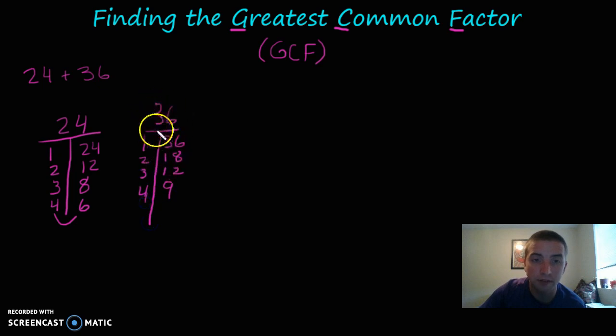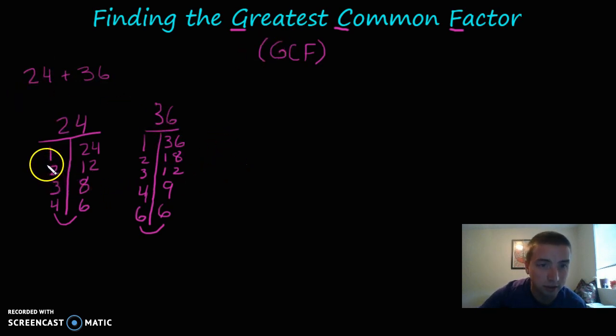I know 5 does not work because 36 does not end in a 0 or 5. I know 6 works because 2 and 3 are both up here, and I know 6 times 6, so then I'm okay.